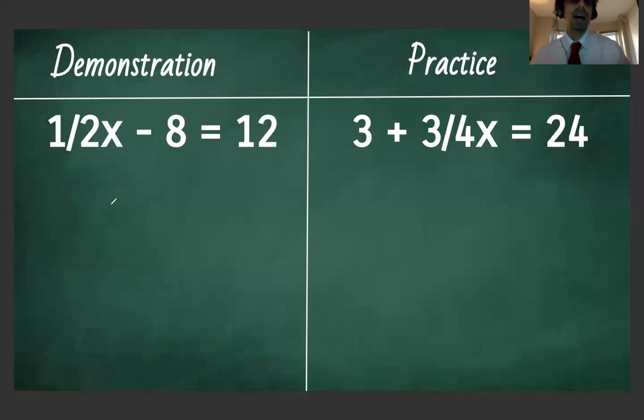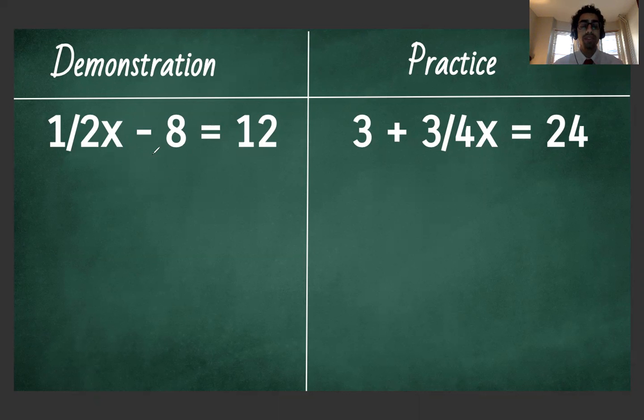Over here, I have the following two-step equation: 1/2 x minus 8 equals 12. So I have a variable, a coefficient, and a constant. First step was to remove the constants by using addition or subtraction, right?